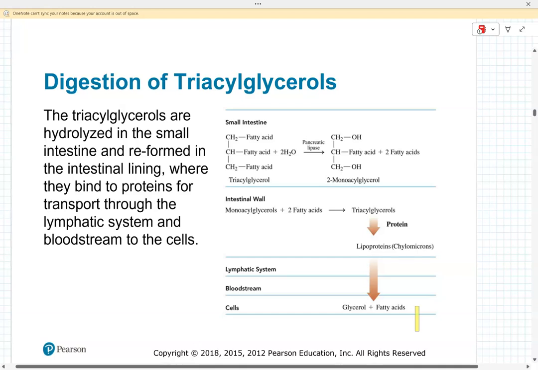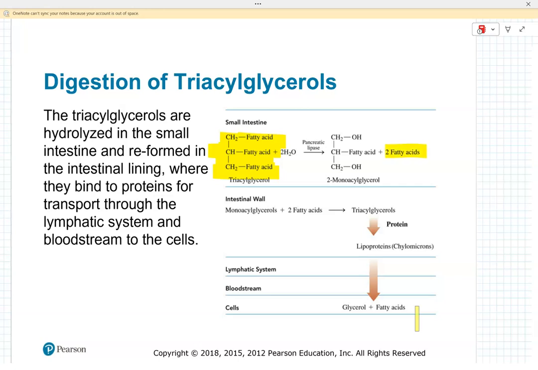So this is exactly what's going on when you consume fat that we know as triacylglycerols or triglycerides. So, this is your triacylglycerol, right? And you break it down, interestingly enough, into 2 fatty acids. Question, lipids, are they hydrophobic or hydrophilic? Hydrophobic. So you have 2 hydrophobic fatty acids, and you have hydrophobic monoacylglycerol.